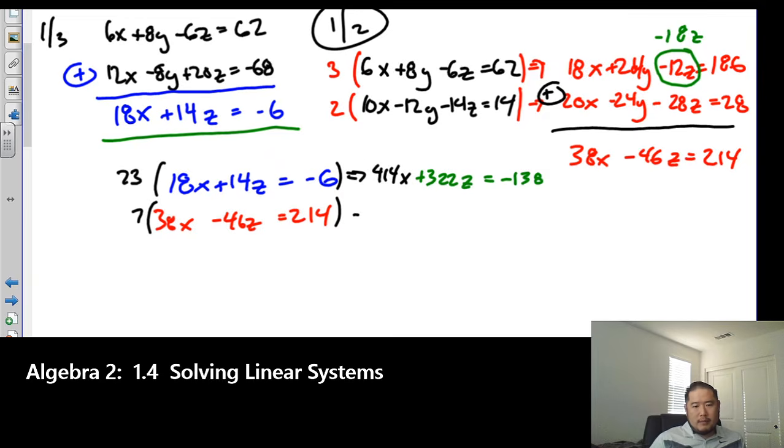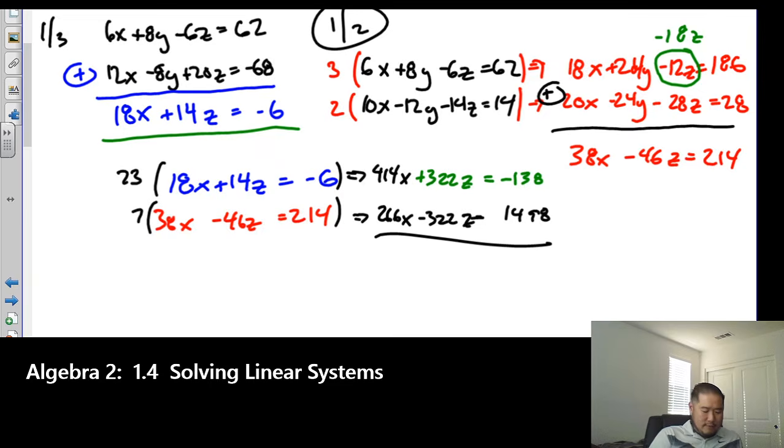And so right here we get ourselves negative 138. Let's go ahead on the bottom. We got 7 times 38, we got 266. We have negative 46 times 7. Once again, that's negative 322. And then 214 times 7, 1,498.